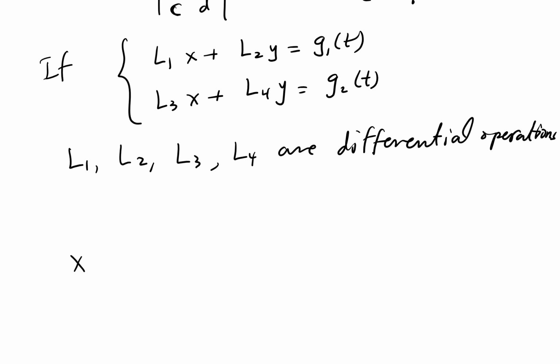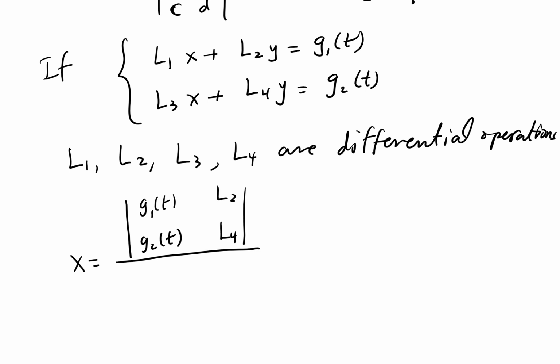So x would be, using Cramer's rule, because I'm doing x, I replace the coefficients of x with the functions g1 of t, g2 of t, and keep those for y the same. For here, that's L1, L2, L3, L4.